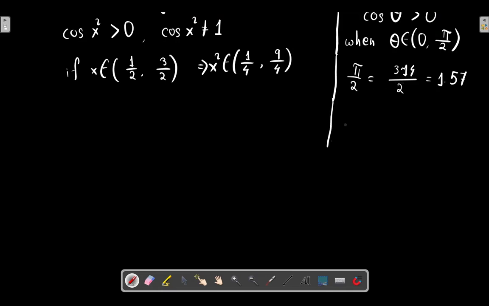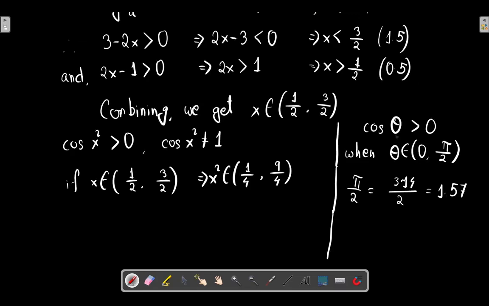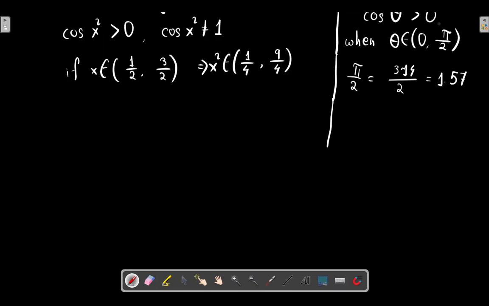So if cos of theta has to be positive, theta must lie from 0 to 1.57. But in our case, x square goes from 0.25 to 9 upon 4, which is 2.25. So this crosses 1.57, right? 2.25 is to the right of 1.57 on the number line, so x square goes into the negative territory.